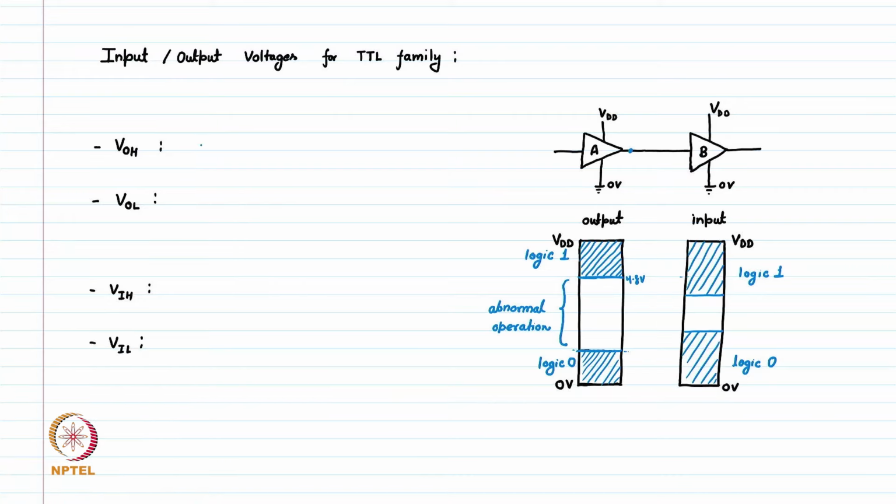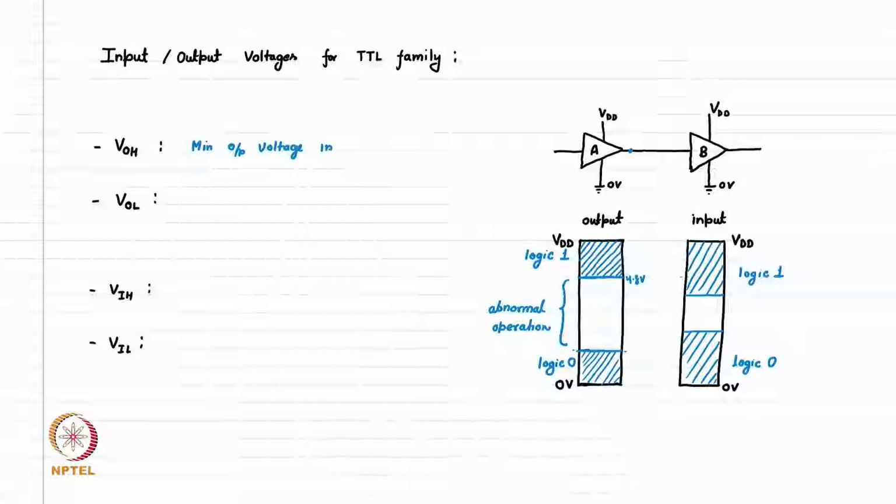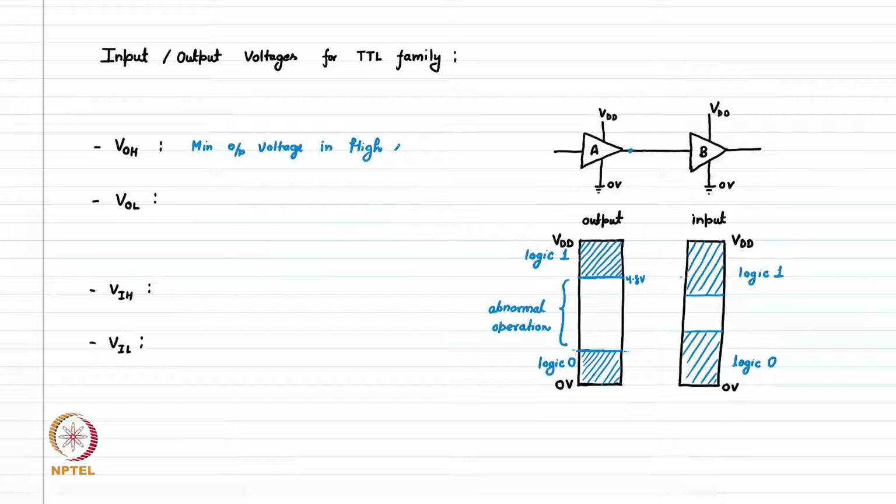So VOH is the minimum output voltage in high state. VOL is the maximum output voltage in low state.